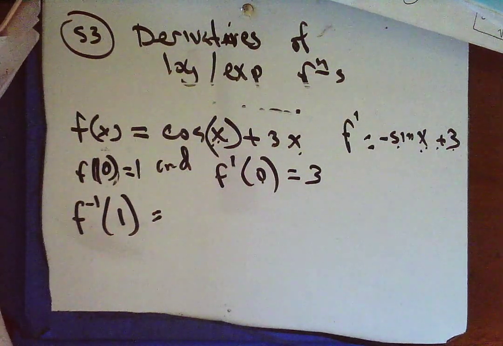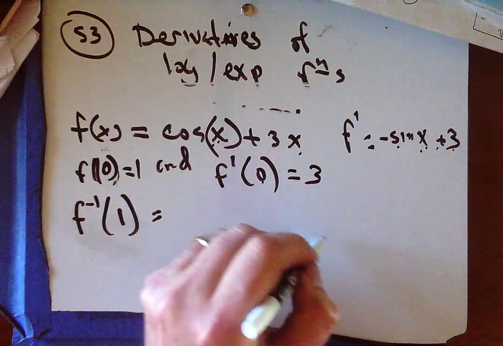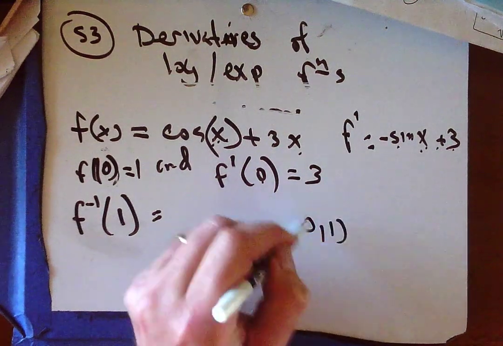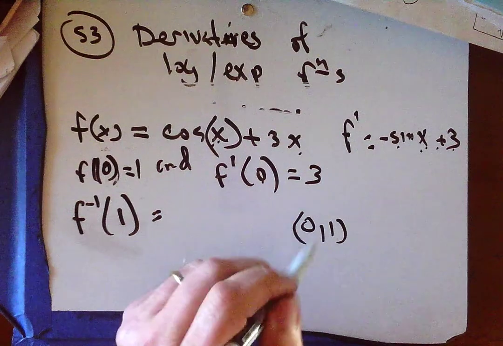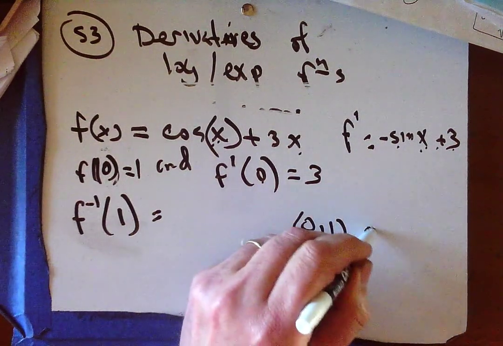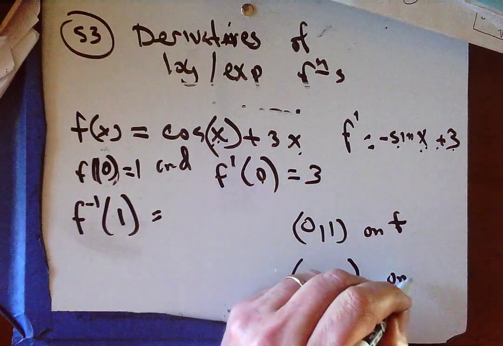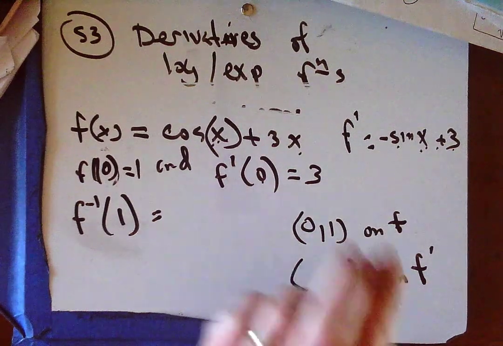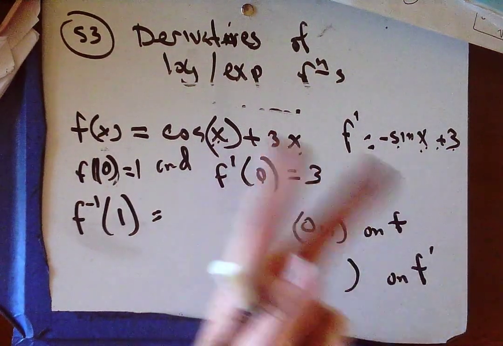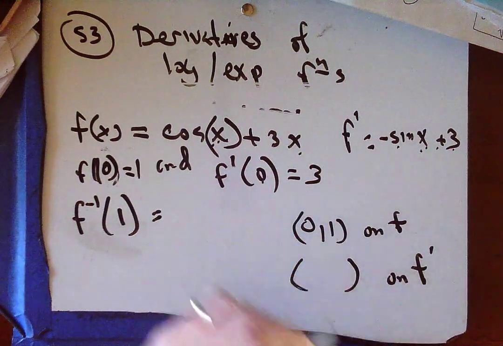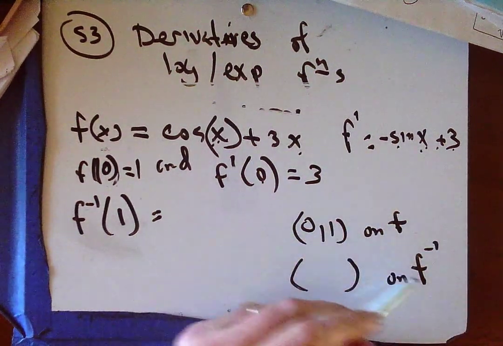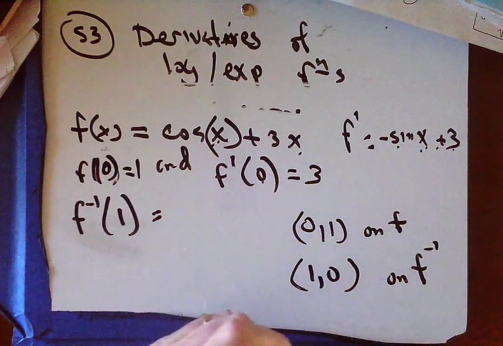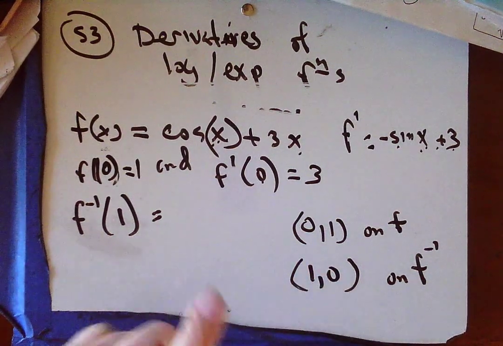So, if this point exists on f, what point must exist on f inverse? Remember, to make an inverse function, I'm going to flip those inputs and outputs.